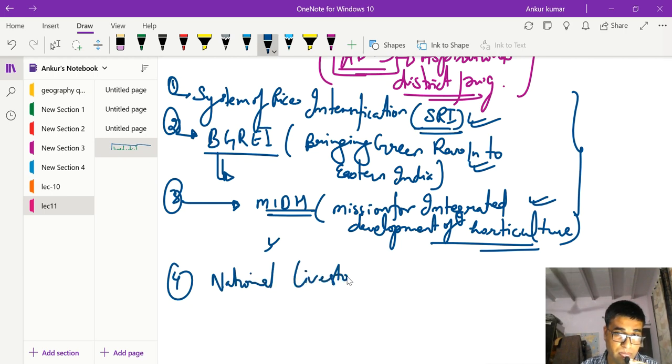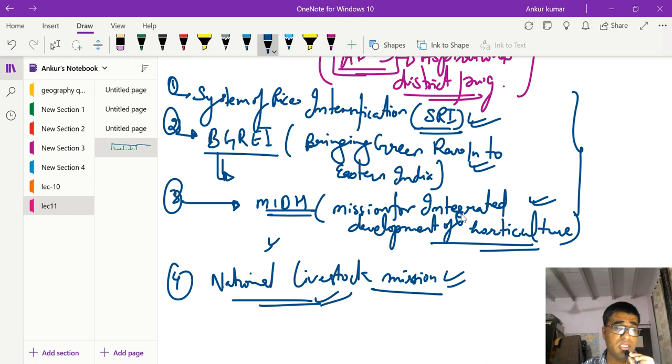This can be implemented here. So all these programs must be implemented in a cautious manner in the moderate productivity regions. So this was the topic of this class, the productivity region.